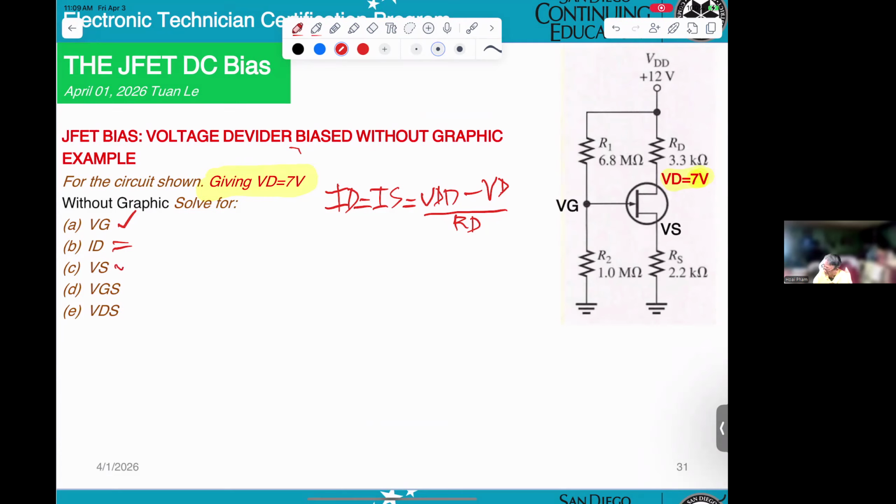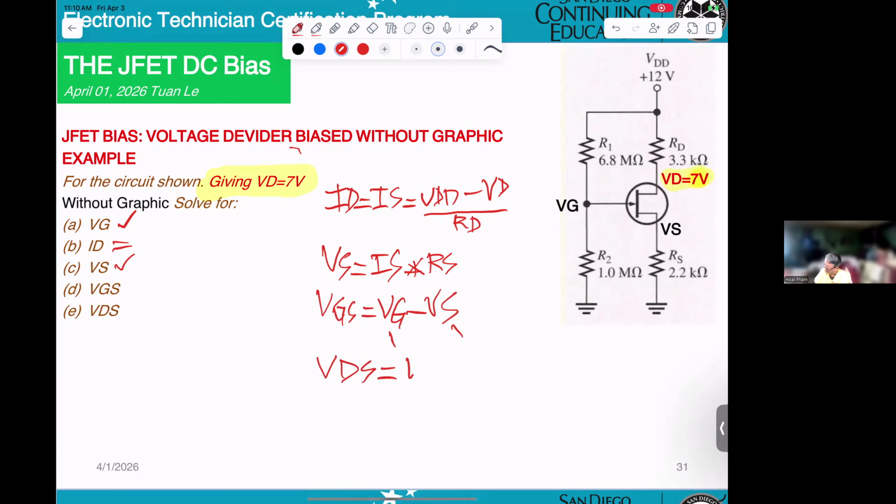And VS, same. VS means IS times RS. VGS equals VG minus VS. You already get VG, you already get VS. And last, VDS equals VD minus VS. You already get VD, and VS you can calculate.